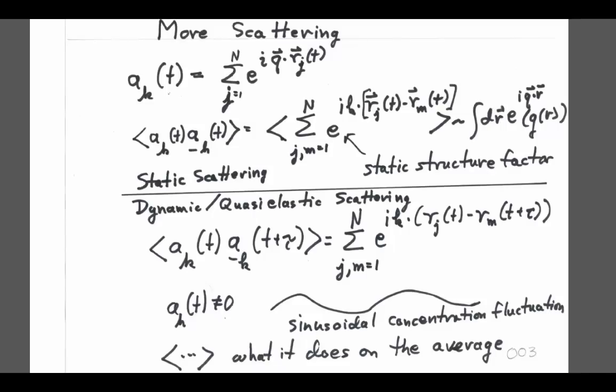We now advance to discuss additional issues with scattering. First of all, the scattered field is a_k(t), or proportional to it, and that's a sum over the positions j equals 1 to N of all of the particles of this phase factor e to the i q dot r.